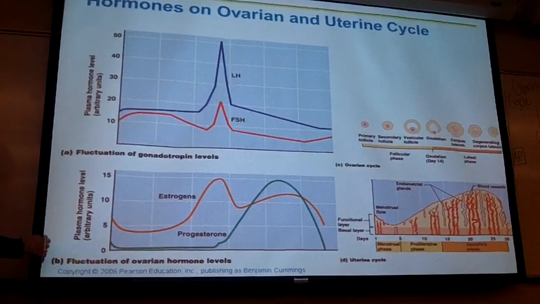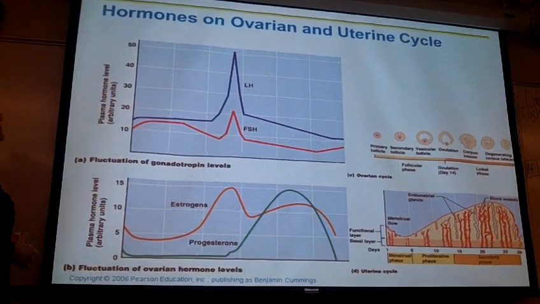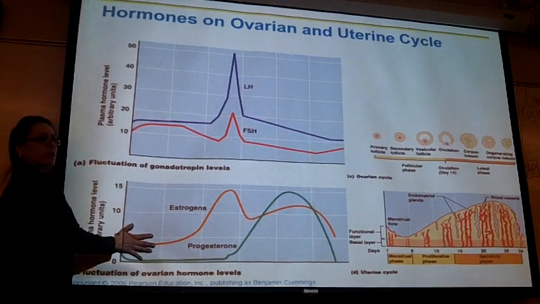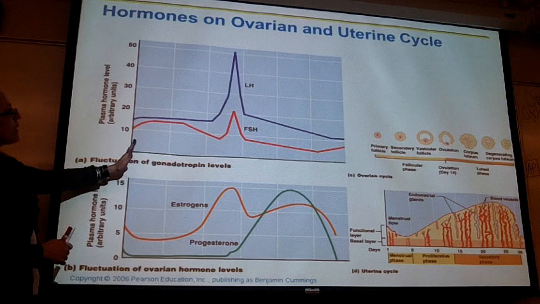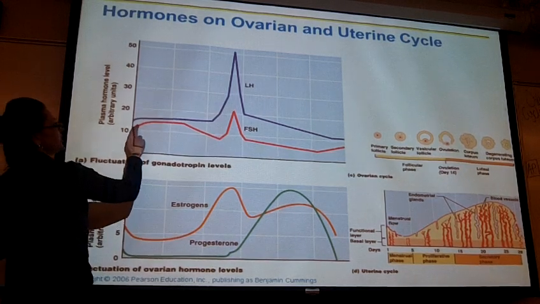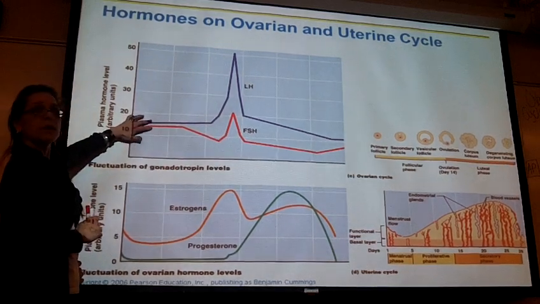So what this graph is looking at here, these are looking at your anterior pituitary hormones. Down here, these are looking at estrogen and progesterone that come from the ovaries. Now, here at the beginning of the cycle, you can see that FSH and LH levels rise just a little bit, not a lot.